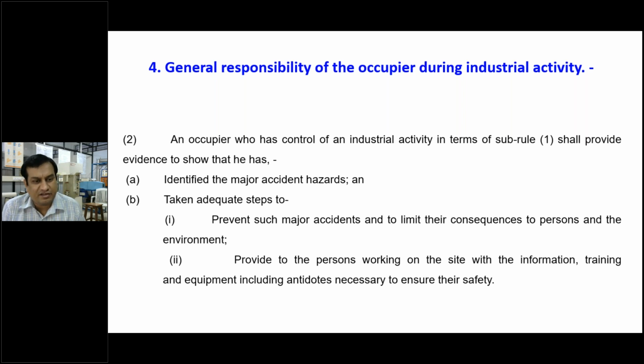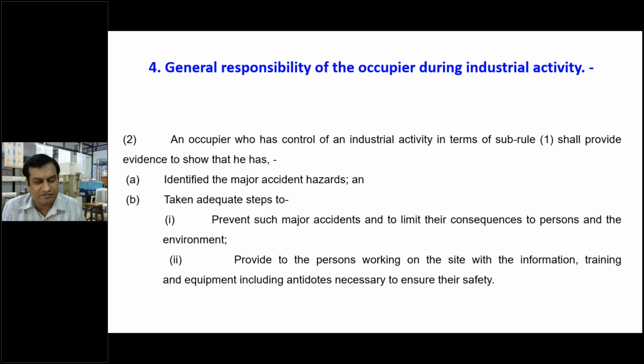Then they take adequate steps to prevent such major accidents and to limit their consequences to persons and the environment. Provide the persons working on the site with the information, training and equipment, including antidotes, necessary to ensure their safety. So we have already discussed that the occupier should identify the major accident hazard.